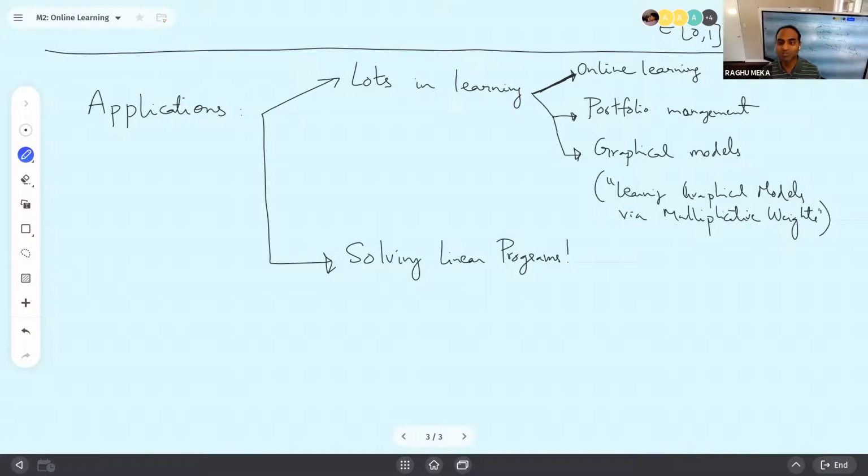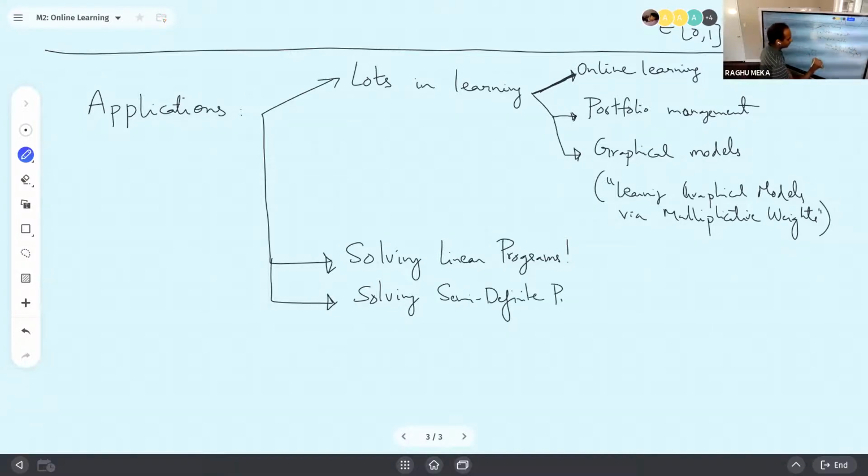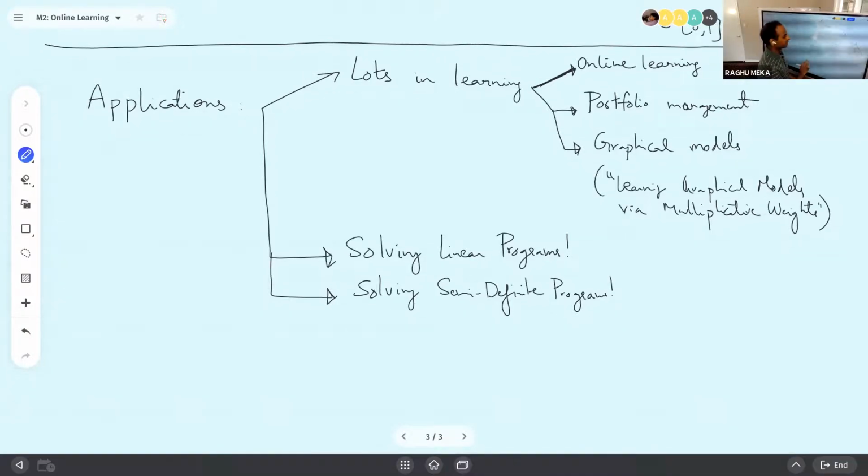There is a solver for linear programs which is based on multiplicative weights. And it has some very important properties that are useful in many places. You can also solve all kinds of other crazy things, like solving semi-definite programs, SDPs, and so on. So these have nothing to do with learning. This is just applications in algorithms, like optimization algorithms.